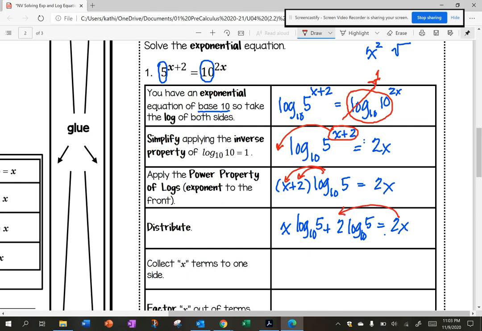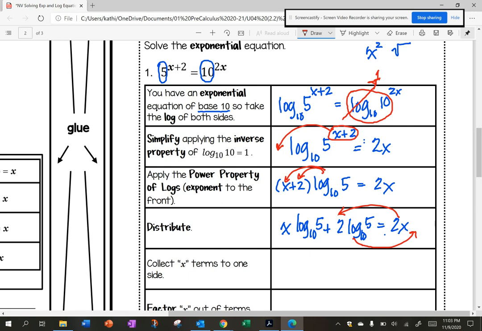Next my goal is I want x on one side. So I'm going to move 2x to the left. And 2 times the log base 10 of 5 is a number. It's an irrational number, but I'm going to move that to the right side.